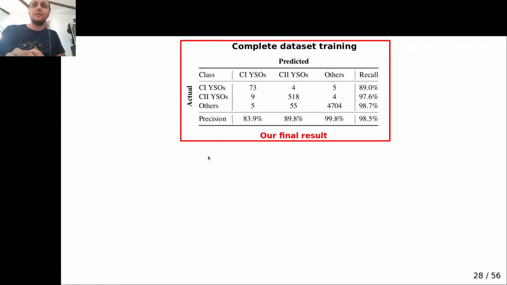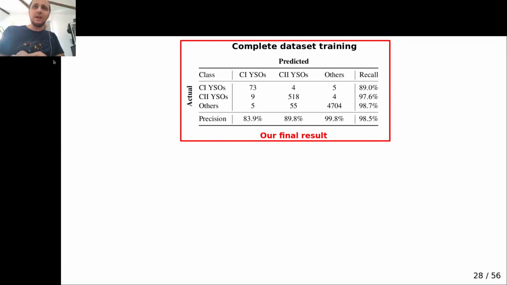You can see that despite the fact that we are classifying WISOs in a very wide category of star-forming environments, we are still achieving above 80% precision and almost 90% recall for our main class of interest, the class 1 WISOs.